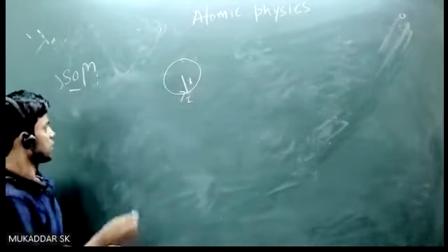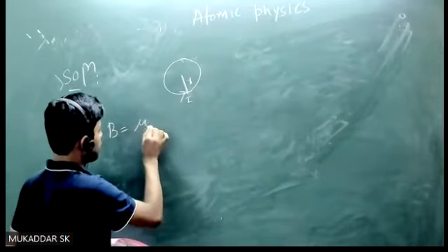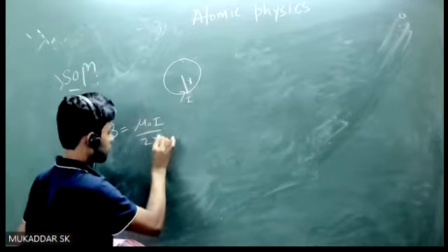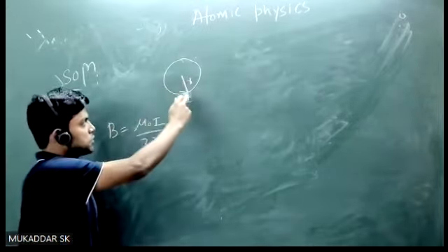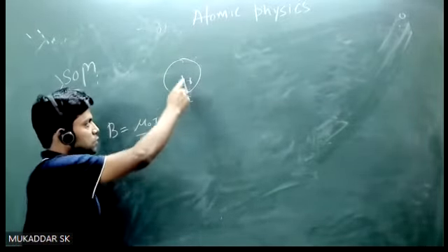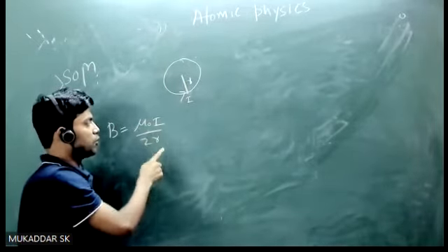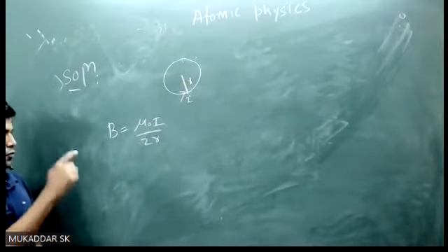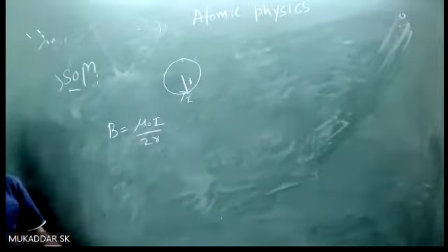You people know that, right? That is nothing but mu naught I divided by 2r. So the magnetic field at the center will be mu naught I by 2r, where r is the radius of this loop. We'll use the same concept there.